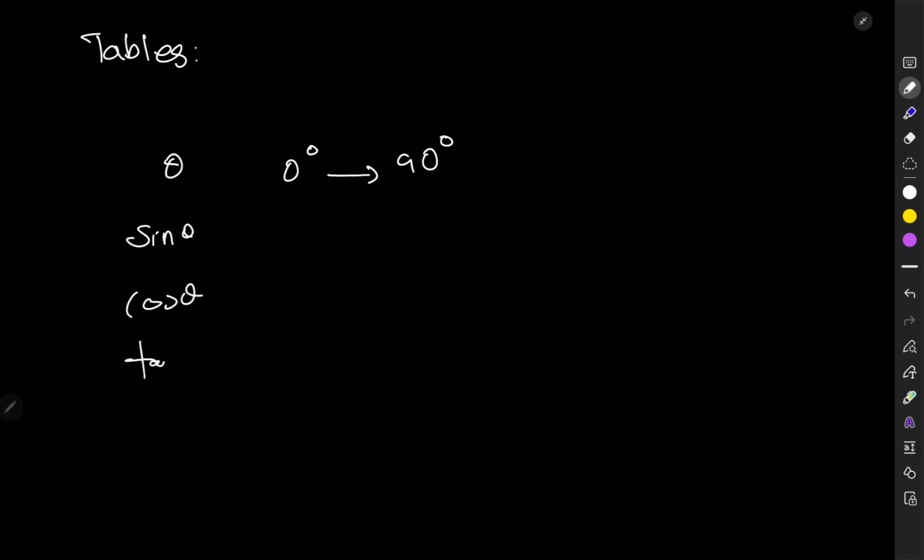Now let's see an important thing, tables. You must have already learned this, 0 degree to 90 degree, of sine theta, cos theta, tan theta, if I'm not wrong. Sine goes from 0 to 1, and cos goes from 1 to 0.